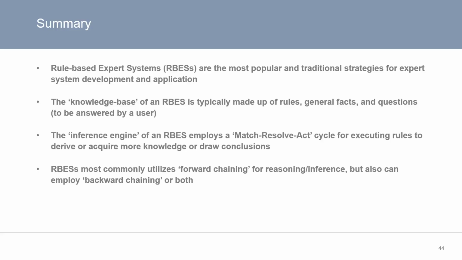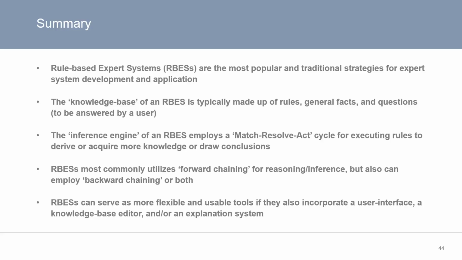These systems most commonly utilize forward chaining for reasoning, but also can employ backward chaining or even both. And rule-based expert systems can serve as more flexible and usable tools if they also incorporate a user interface, a knowledge base editor, and/or an explanation system.